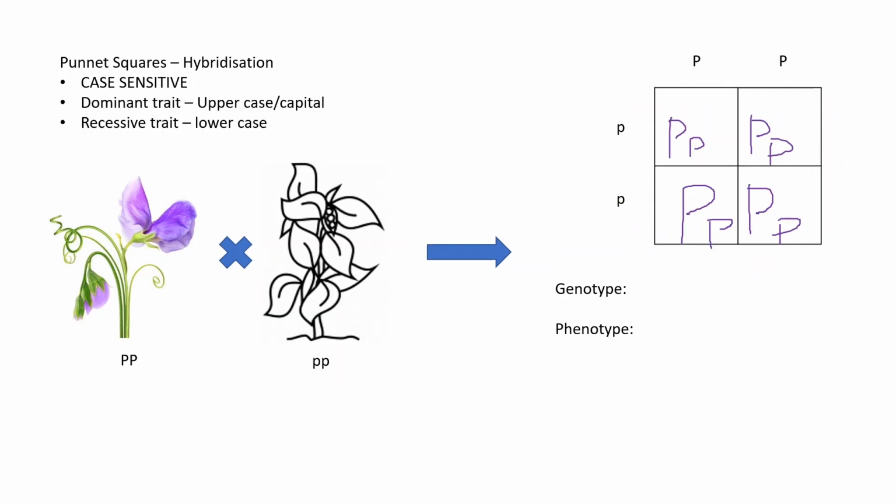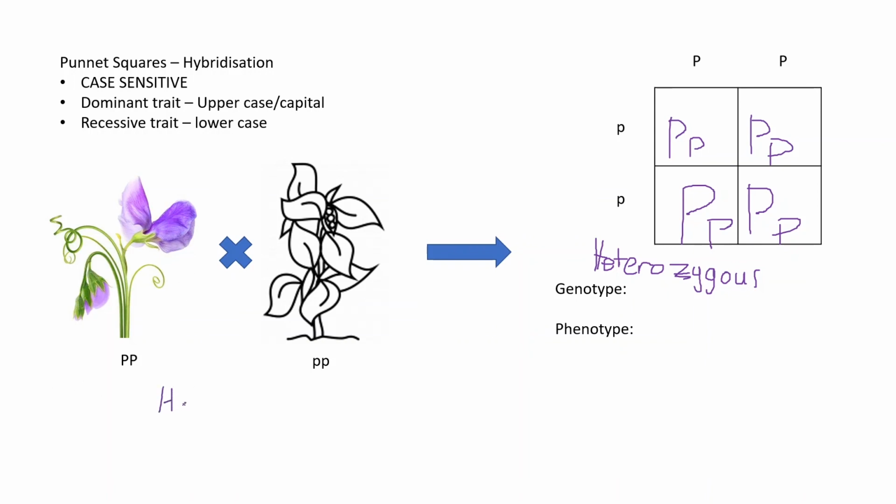So you'll notice here that the F1 generation from this hybridization are all going to be heterozygous. And pardon my crappy drawing here. That's because they have two parents who are both homozygous.